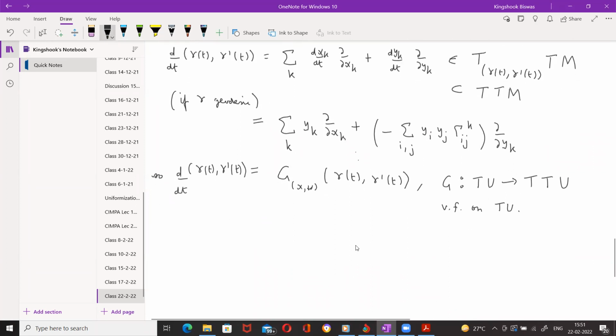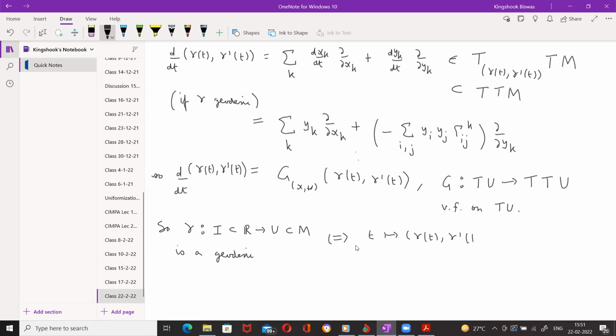Okay, so what we get is that gamma is a geodesic if and only if the curve t maps to (gamma(t), gamma'(t)).